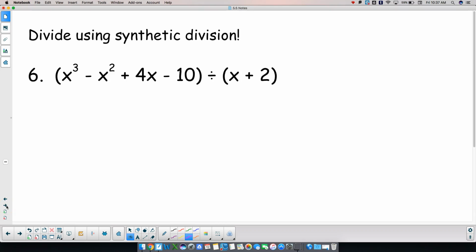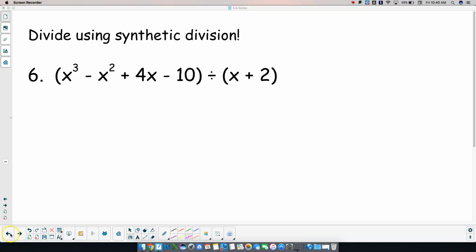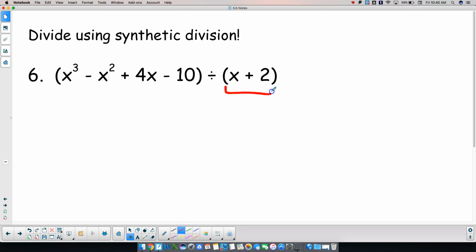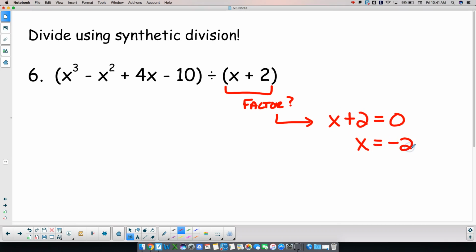You try that one, dividing using synthetic division. How about you're dividing? So that's my factor, right? I don't know if it's a factor or not because it didn't tell me in the problem, but I still treat it like one. So then this becomes x plus 2 equals 0. So then that's going to give me x minus 2 as my possible 0.